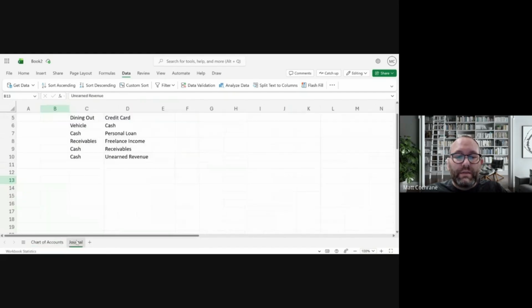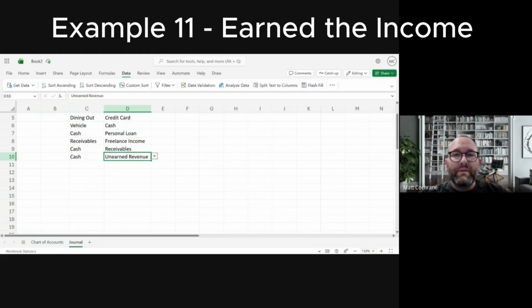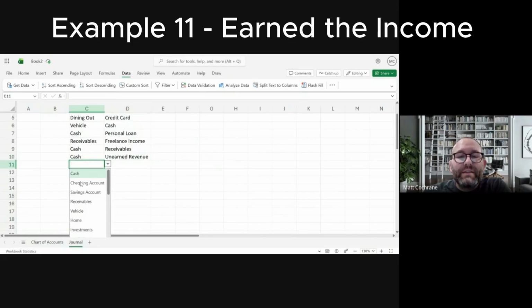All right, let's go back to the example. So now we're going to fast forward and do the other side of this particular transaction. Now we're going to say that we've earned the deferred income. So because we've earned it, we no longer owe it because we've done the work. So we have to debit the unearned revenue.